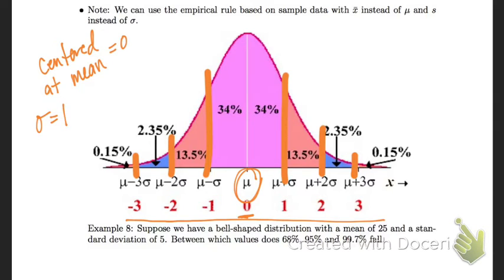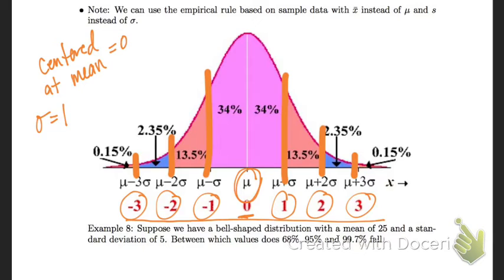So we go up 1, 2, 3, and down negative 1, negative 2, negative 3. For this normal curve, it's centered at 0, the standard deviation is 1. Draw a bell curve.